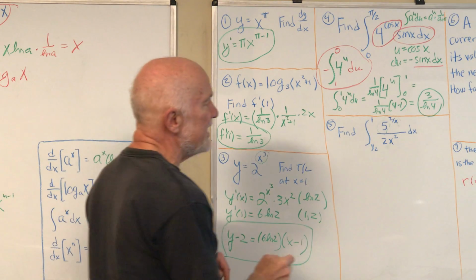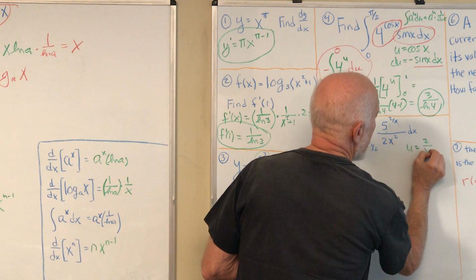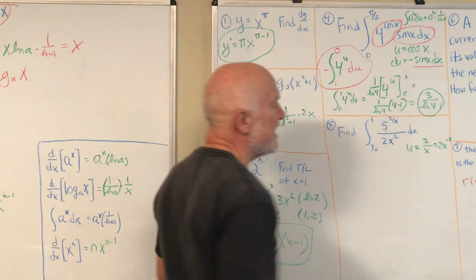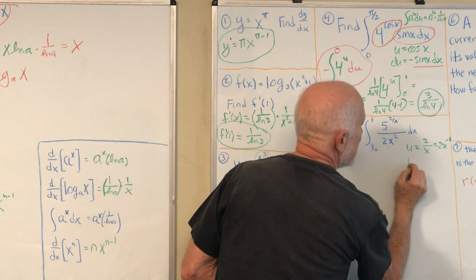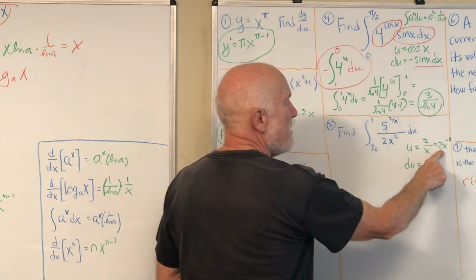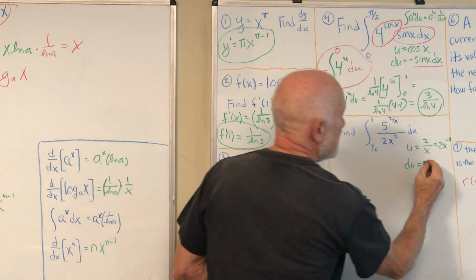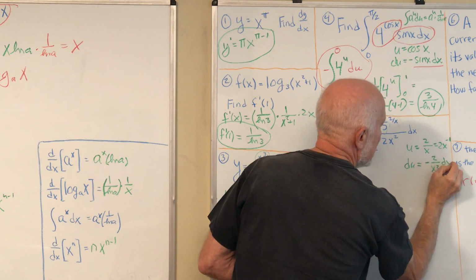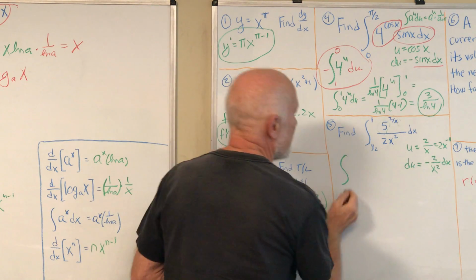In order to do that, I'm going to have to let u equals 2 over x, or 2x to the negative 1 if you like that better. So what is du? Du is minus 2x to the negative 2 times dx. So let's just see if it works.